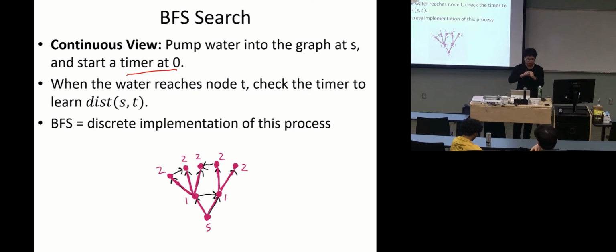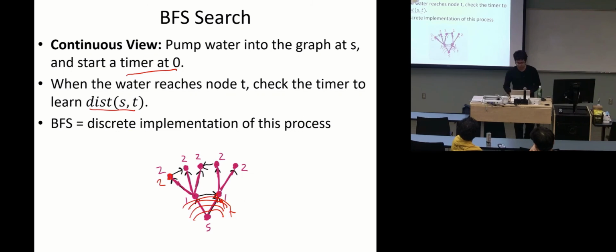Whenever the water reaches some node T, look at your timer, and the distance of T is going to be the time at the point that you reach T. That time is exactly the distance from S to T. When the water reaches this guy, it's going to be at time 2, and so on. So you can think of breadth first search as a discrete implementation of this continuous process.